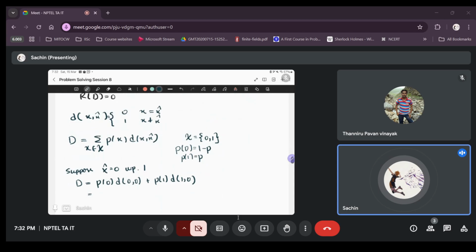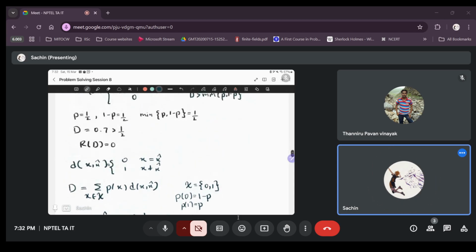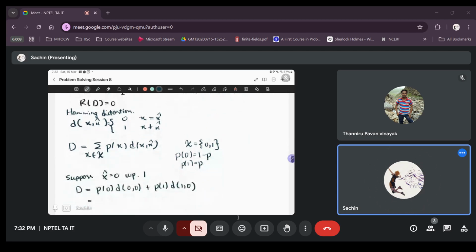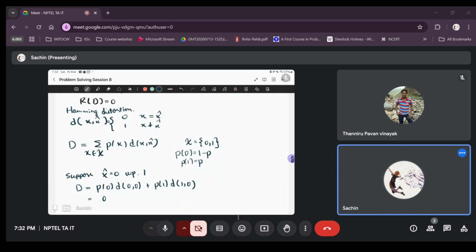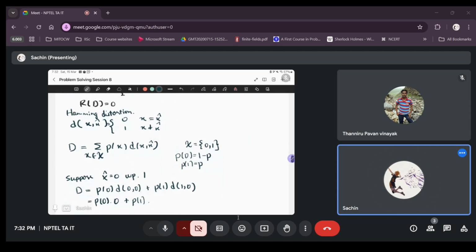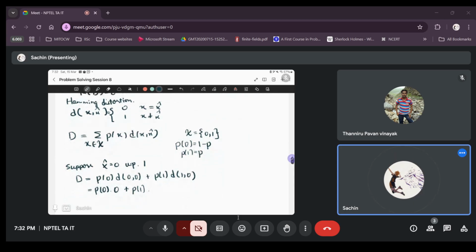D of 0 comma 0 according to the Hamming distortion is 0. So this is P of 0 into 0 plus P of 1 into d of 1 comma 0, which is 1 since x is not equal to x hat. So P of 1, which is just p.